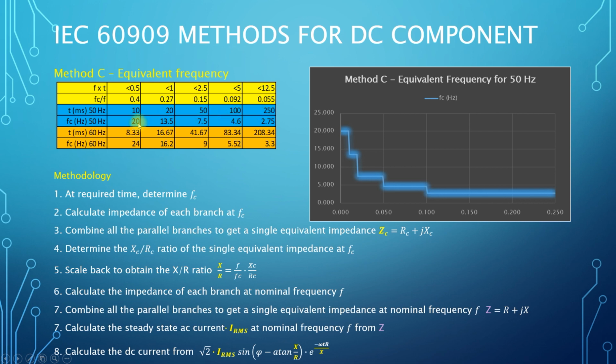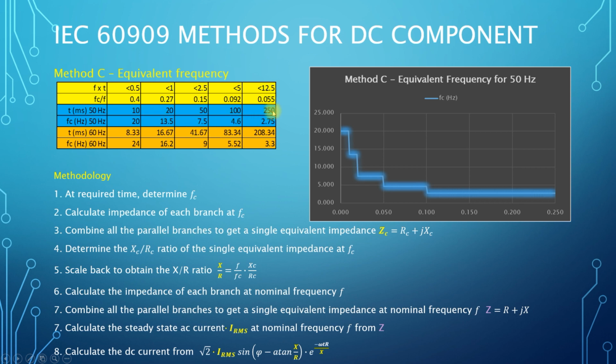And the equivalent value of Fc in Hertz for a 50 Hertz system at these times is 20 Hertz, 13.5 Hertz, 7.5, 4.6 and 2.75. And we can also do the same calculation for a 60 Hertz system, and we get these numbers here.